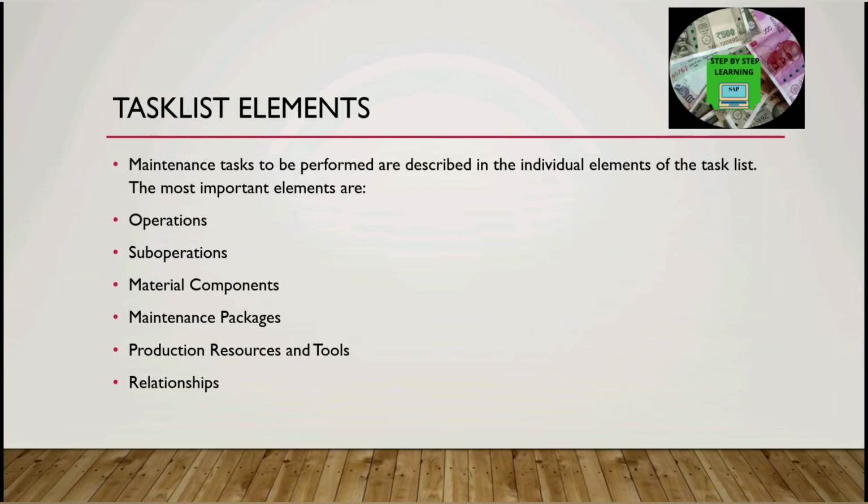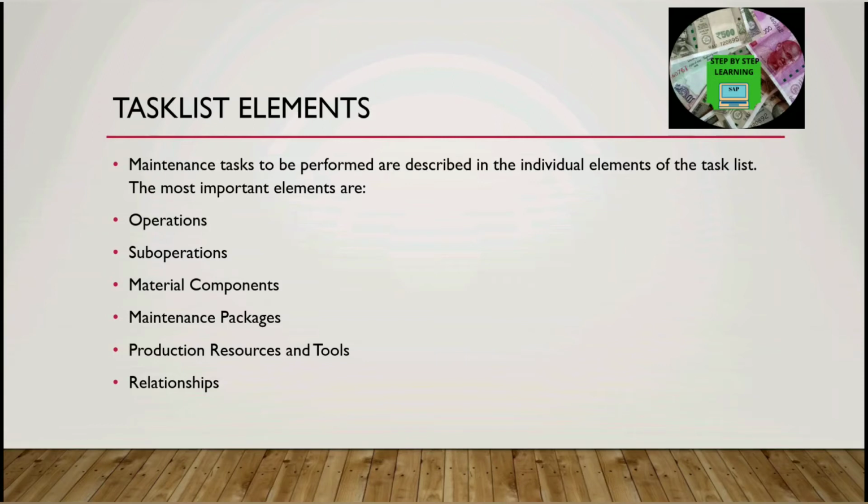So these things, a forklift for example, are all called a PRT. So PRTs are capacities which we need to perform an operation, that we can assign to that operation. The same will be automatically copied to the respective maintenance order during the preventive maintenance.